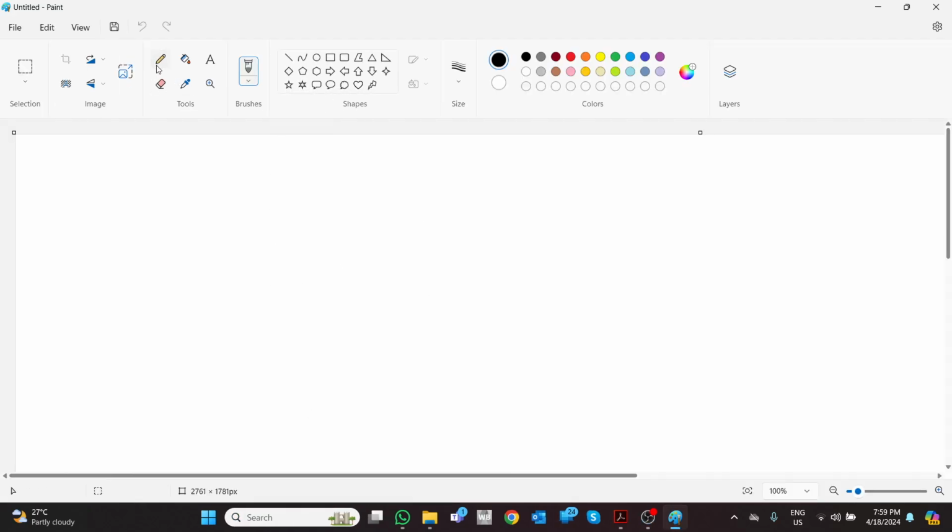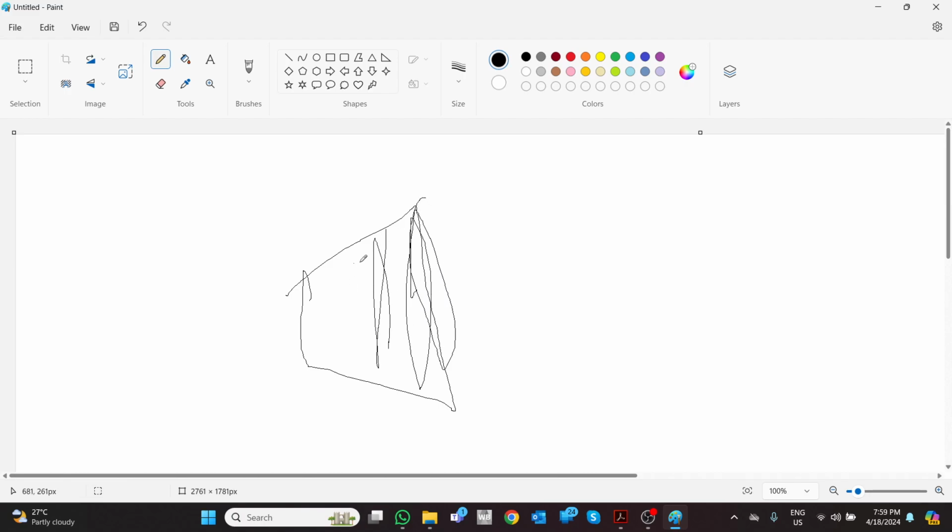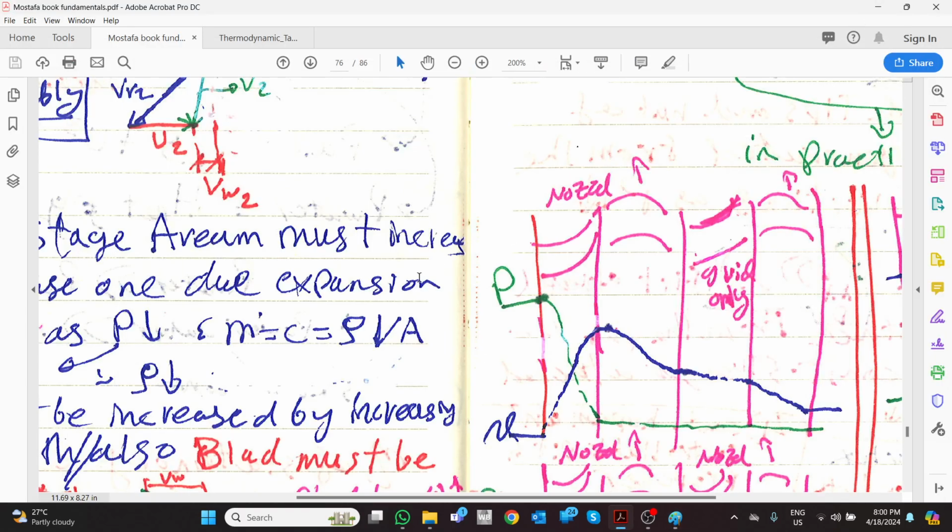If you remember, we are making the turbines simple. Why? Because here there are nozzles, guiding vanes, nozzles, rotating vanes, nozzle, rotating vanes. So when we are going like this, the flow always needs the vanes to be bigger, or the area should be bigger. Why?